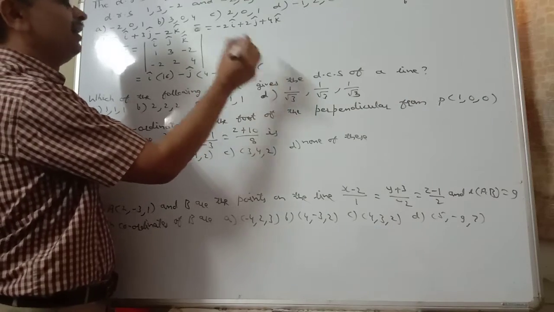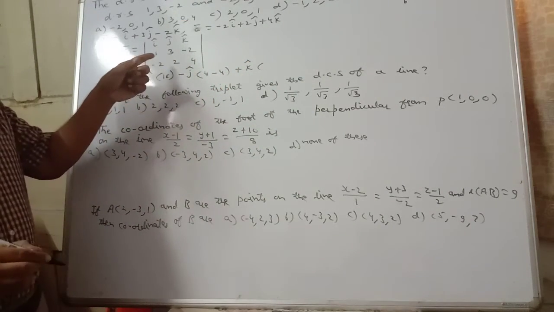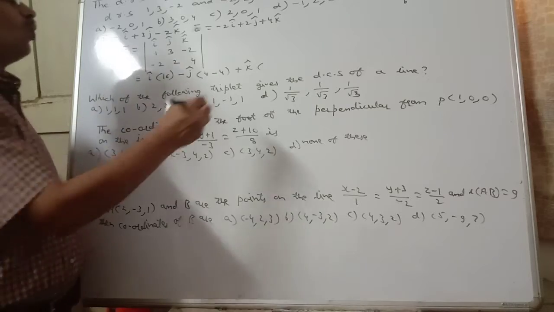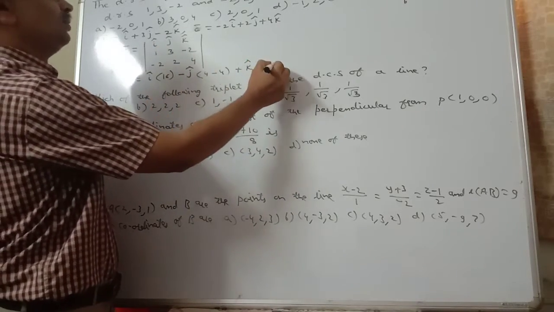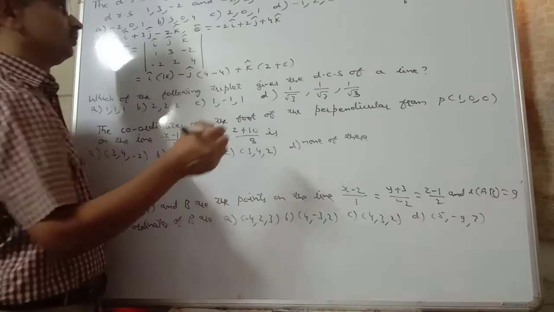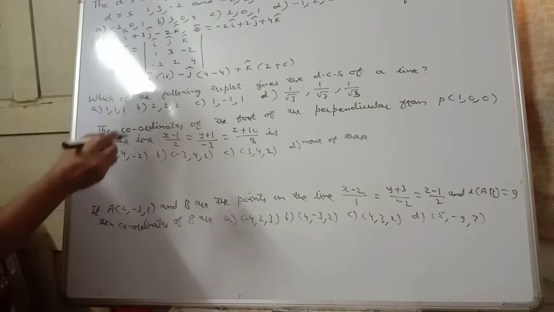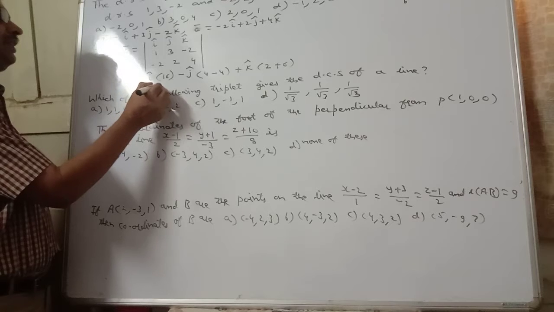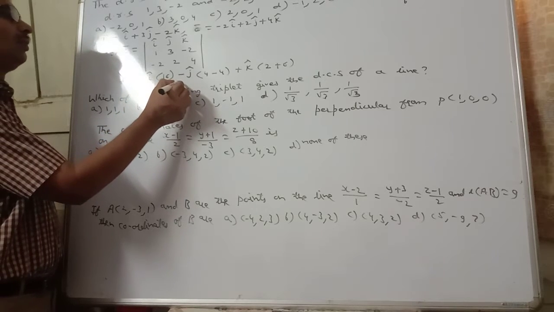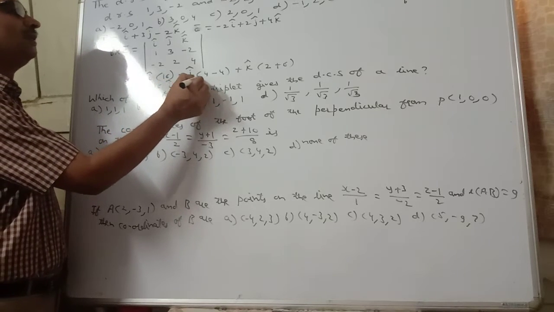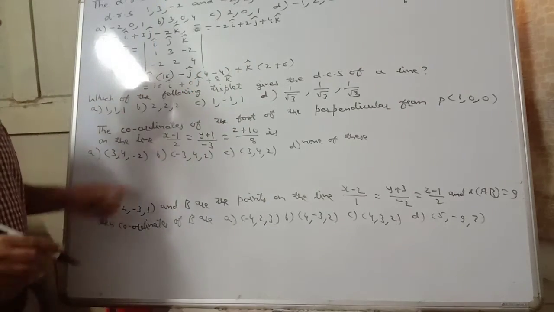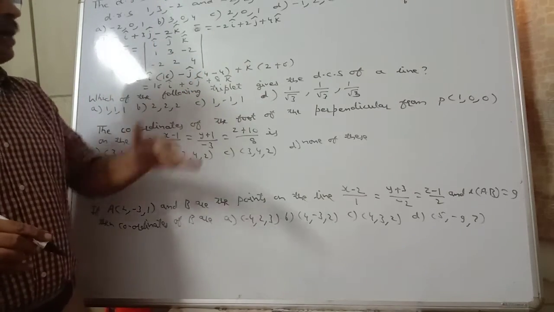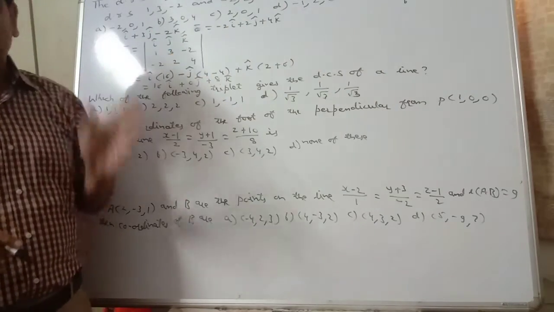Plus k into bracket 2 minus minus plus 6. So 16i plus 0j plus 8k. B bar cross c bar parallel to required line.